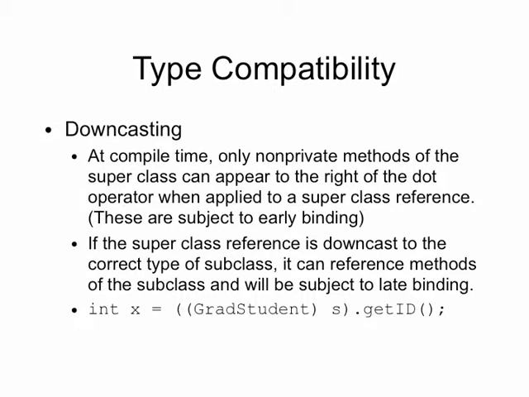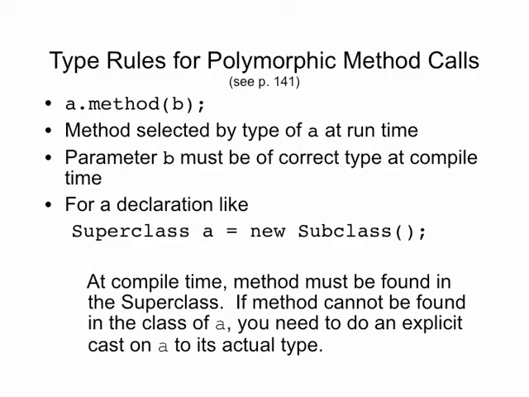That's because the dot operator has higher precedence than the cast, and so we have to force it to do the cast first and then reference the getID method. And that will get around our problem of a compile time error. That would be okay if we went into late binding, but at compile time, at early binding, it's not okay.